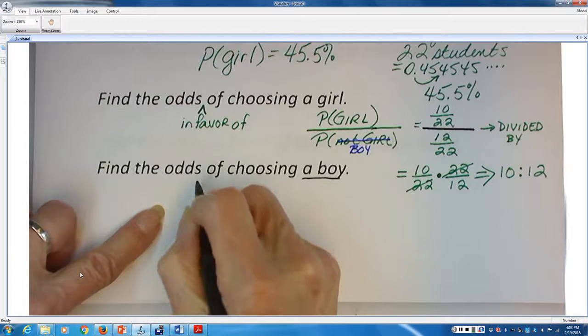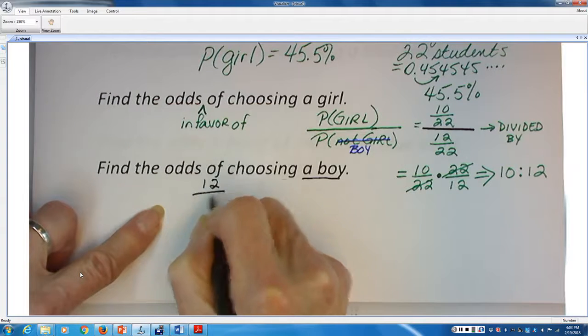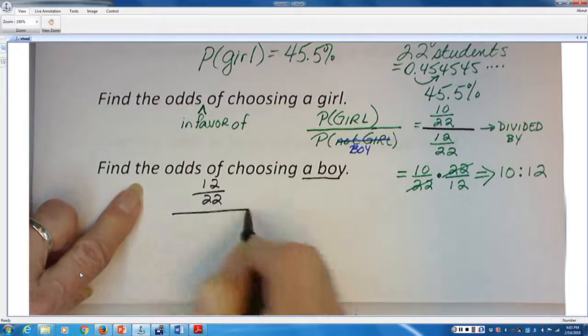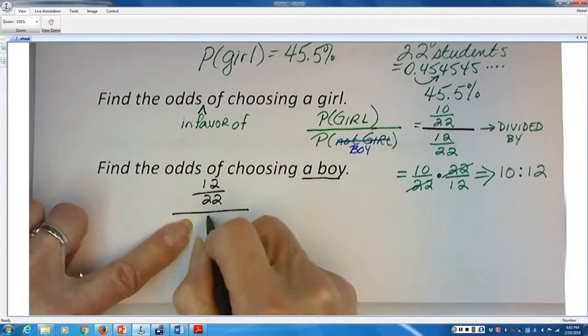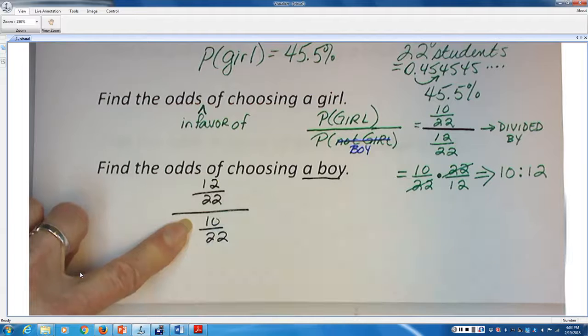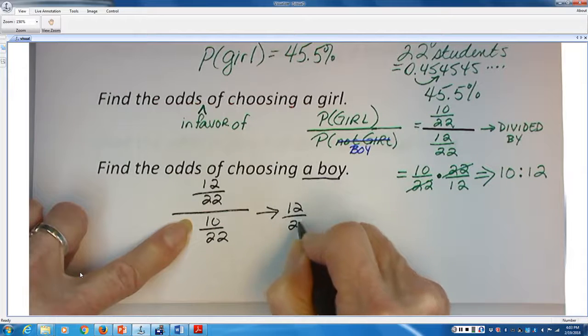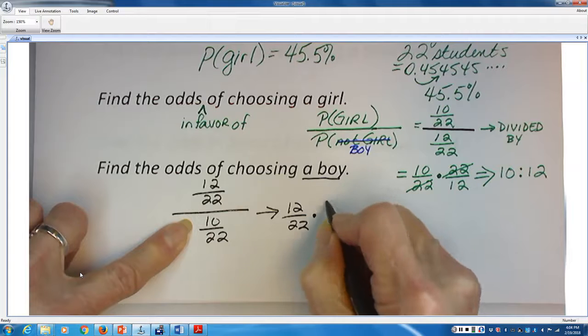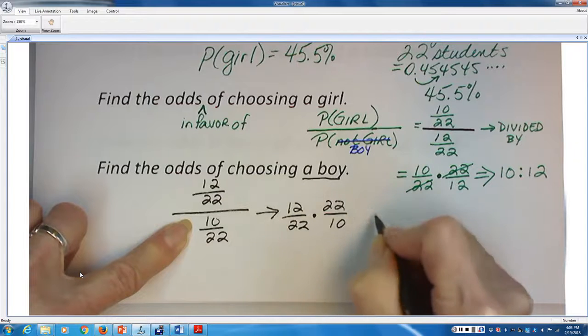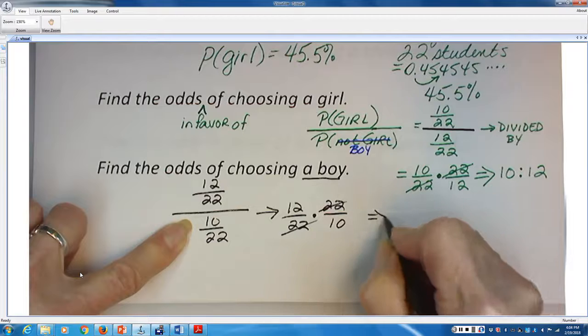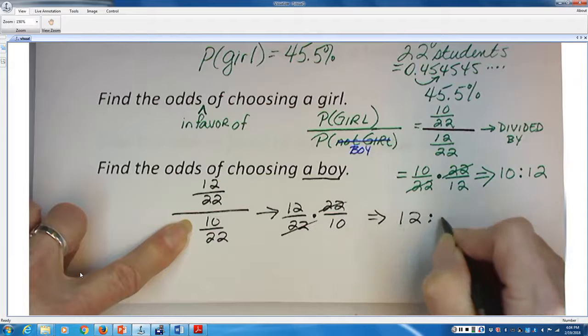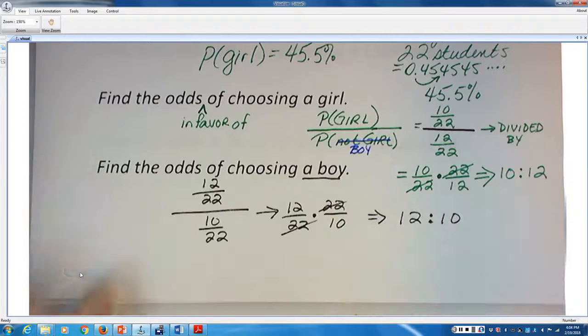So the odds of choosing the boy are 12 out of 22 over the odds of choosing a girl, which is 10 over 22, which is 12 over 22 times 22 over 10. So that gives us the odds of 12 to 10.